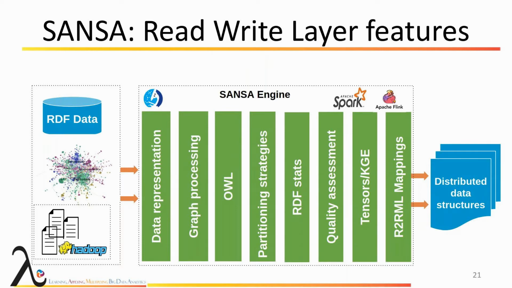Then SANSA is able to compute a wide range of features and analytics directly on top of the data, before even having the data structures ready for more complicated analytics.